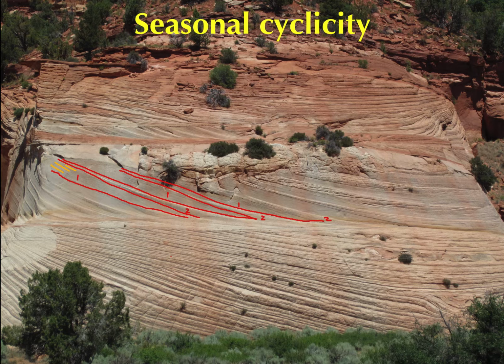And these two types of layer are deposited one after the other in a rhythmic fashion, such that the thickness of one is always thicker than two, and two is always thinner than one. And then they're stacked repeatedly above one another. So these are just different intervals of time during which the wind was blowing different directions. And 1 and 2 basically represent probably seasonal changes in wind direction.